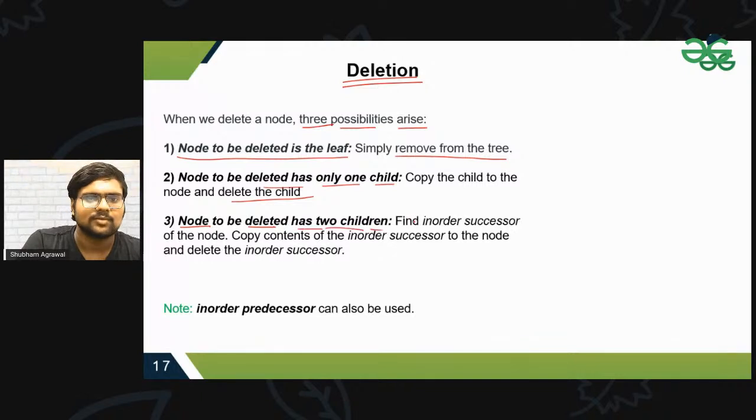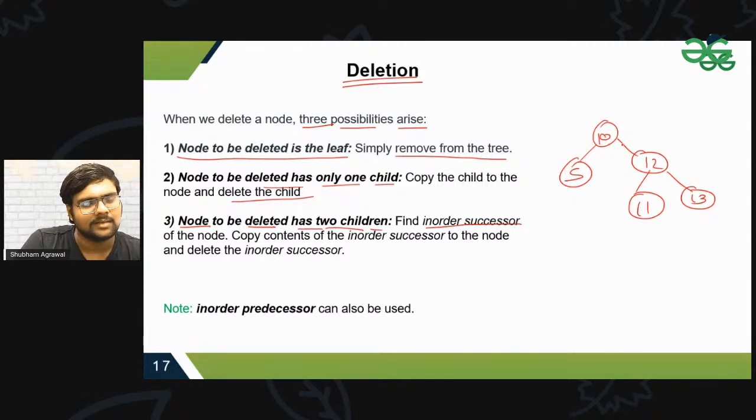Let's suppose that I have 12, 13 and 11. In this tree, what will be the in order successor of 10? It will be 11, because after 10, 11 should be there if we consider it in sorted order.